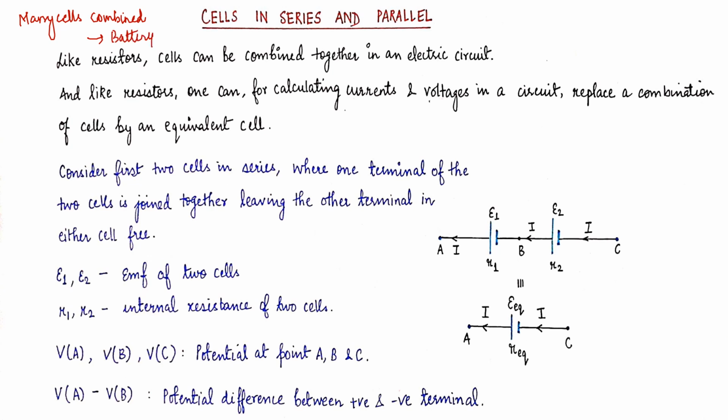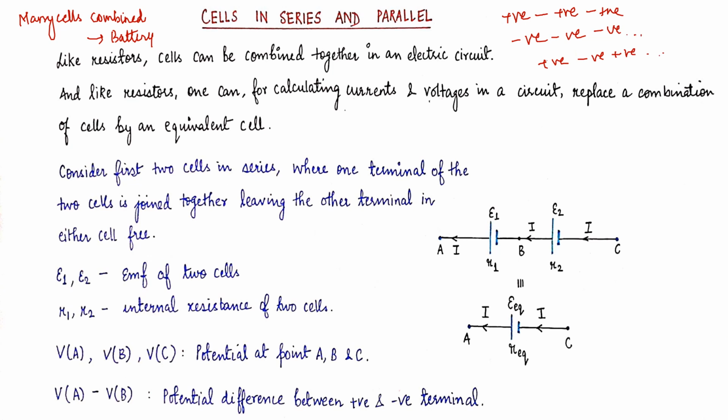In a battery these cells are combined in many orientations, maybe positive to positive, negative to negative, or it may be positive to negative or negative to positive, like this: positive, positive and positive. It can be negative, negative and negative, or it can be positive, negative, positive and so on.